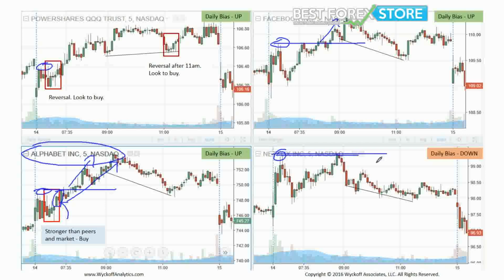Secondly, I know the structures of the stocks in and out, so I know exactly where they are in terms of their trend characteristics, in terms of their trading range characteristics. So I don't have to think in the morning about a long-term structure. All of the buys is already defined except for the intraday buys.